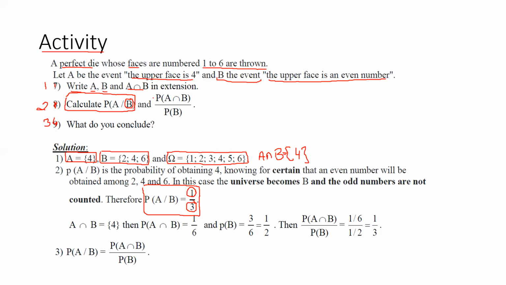And calculate probability لل A intersection B over probability لل B. Probability لل A intersection B is {4}. So probability لل A intersection B is possible cases over total cases, 1 over 6.